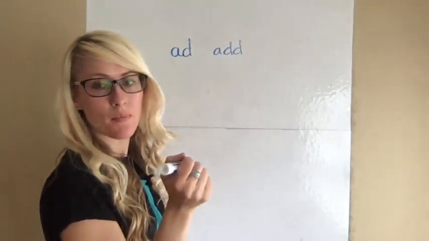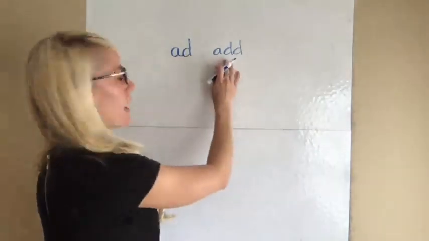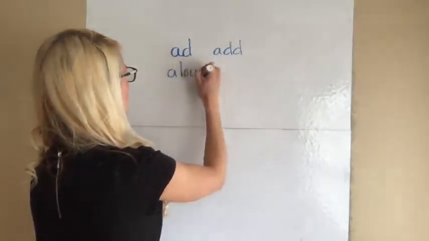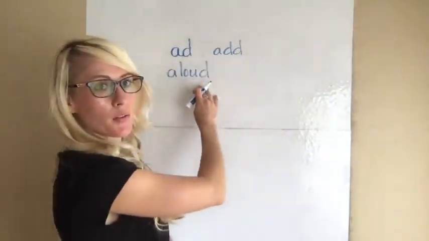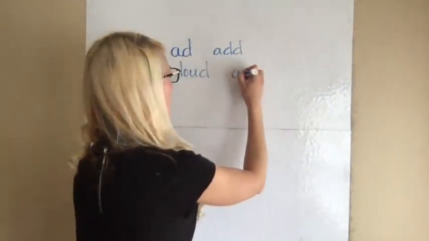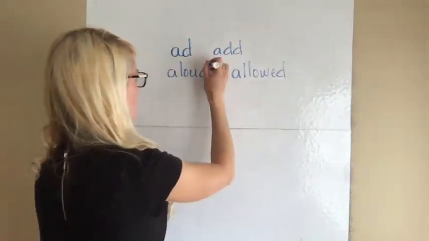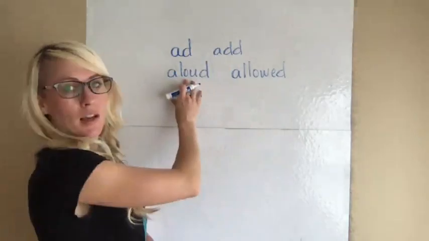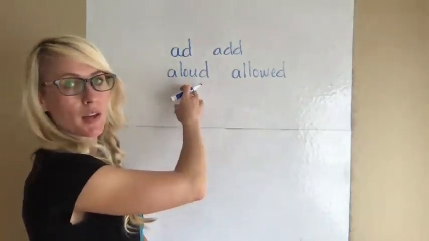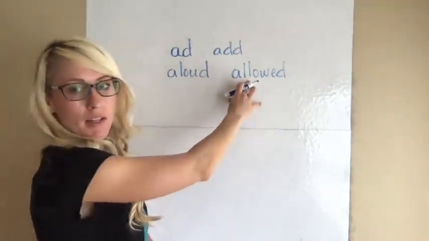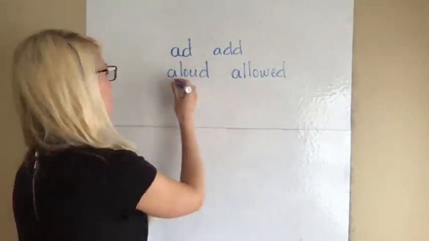Add, like advertisement, and then add, right? Allowed. Say it out loud, like I am speaking out loud, not quietly, not in my head. And aloud, like it's something you can do.